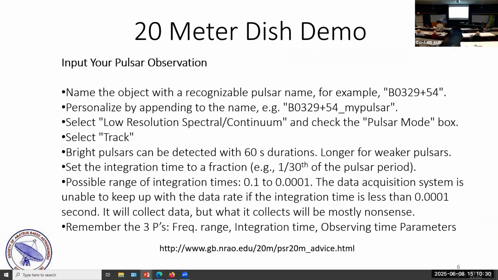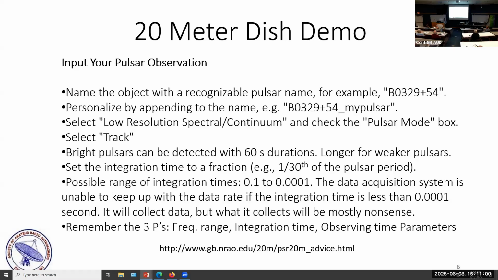Because we are talking about pulsars, there are a couple of numbers I want you to keep in mind. There's something called integration time. The 20-meter web storage has public instructions as well as a database of all the observations, whether pulsars or other observation methods, accessible on the 20-meter site.